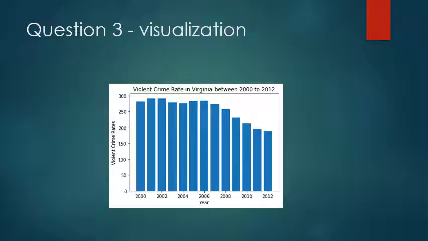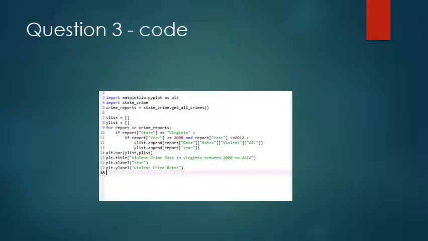Years 2001 and 2002 show the highest crime rate in Virginia, while it started to drop a little bit, and it starts to dramatically drop around 2010 and reaches the lowest crime rate in 2012. And here's the code for the visualization for number three.